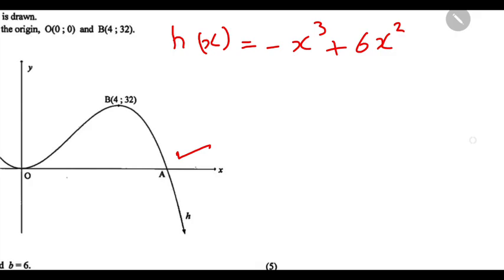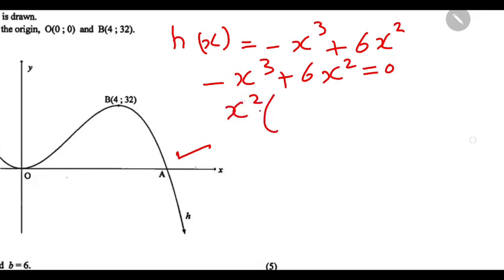To find the x-intercept, the y value is equal to 0, which means -x power 3 plus 6x square is equal to 0. Now I can see x power 2 is the common factor, so we are left with x square times -x plus 6 is equal to 0.